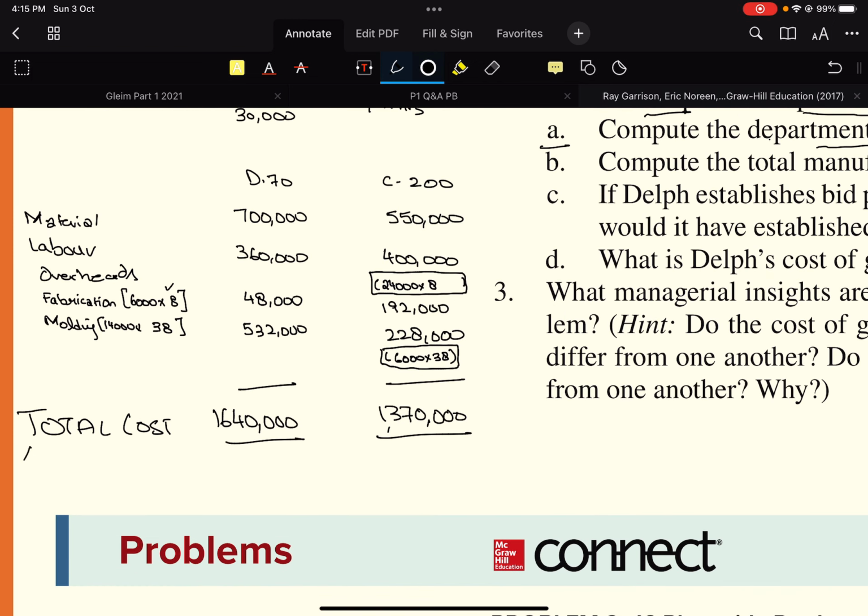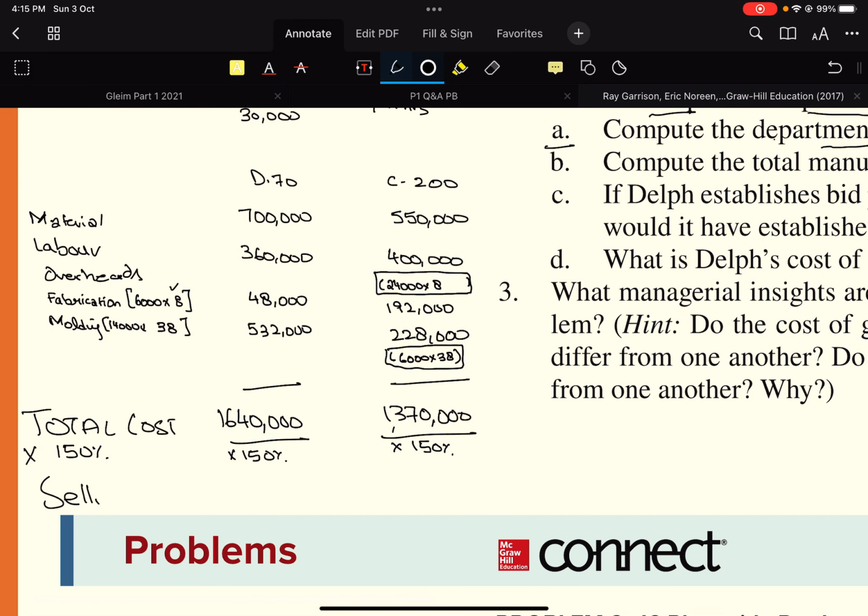Then they want to apply 150%, and we'll get the selling prices. So the selling prices are going to be 2,460,000 and 2,055,000.